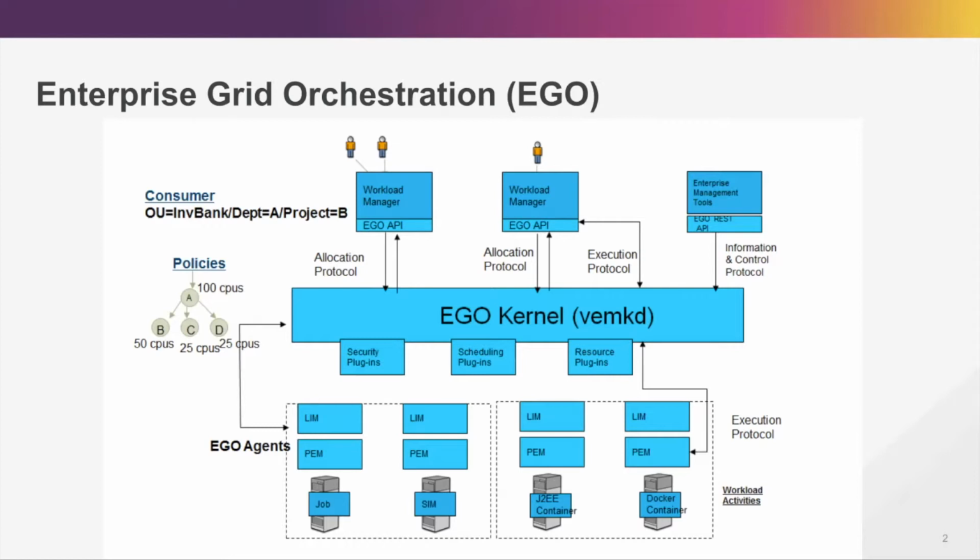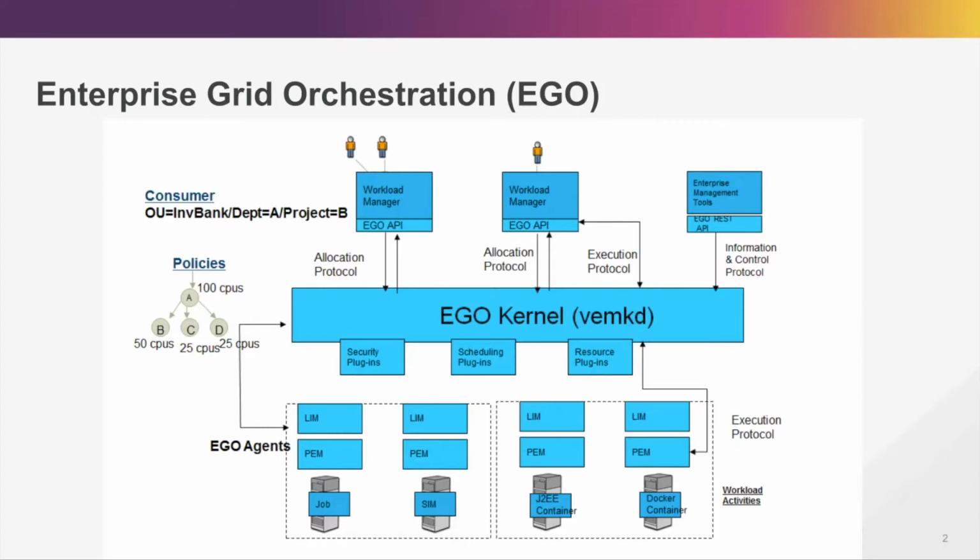The second component, which is very important, is the Load Information Manager, LIM, which provides dynamic state information about hosts such as CPU utilization, run queue length, memory, network, and disk statistics.